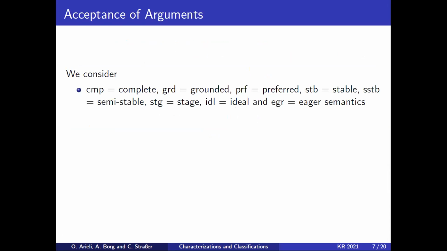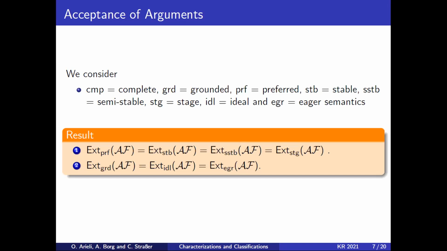Now, we have heard already quite a lot about semantics. We only consider a few. Namely complete, grounded, preferred, stable, semi-stable, stage, ideal, and eager semantics. And what we found is it's important to consider whether you want semantics that can result in several extensions, like preferred, stable, semi-stable, or stage, or in a unique extension, like grounded, ideal, and eager, since these semantics result in the same extensions.